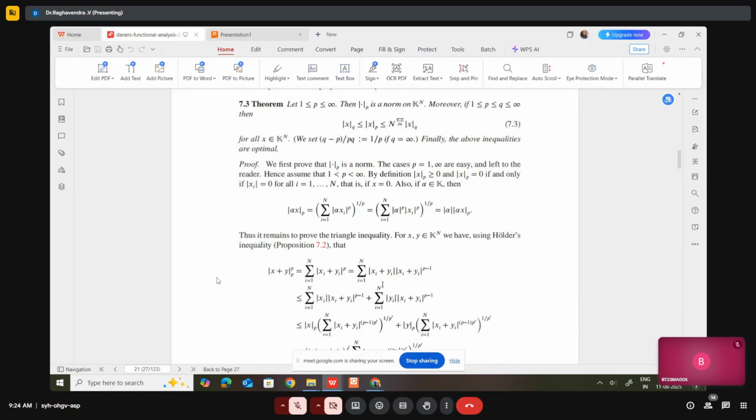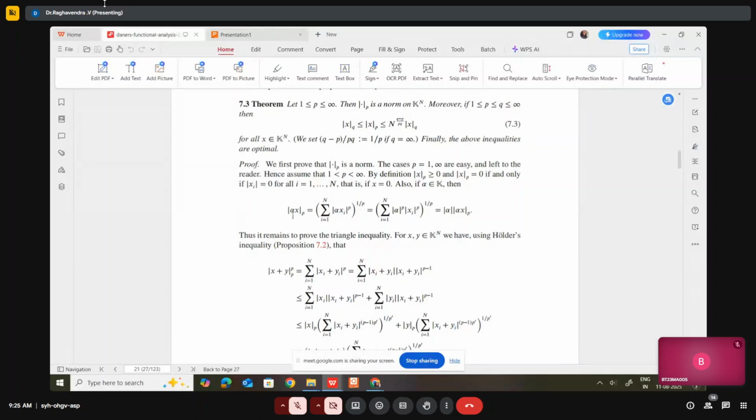So in order to show that it's a norm, what is it that we have to show? We have to show three things. One is the homogeneity, second is norm p of x equal to 0 if and only if x is 0, and the triangle inequality. So let us take alpha to be any element of the scalar field K and multiply alpha by x in the p norm. What is this scalar multiplication? It is pointwise multiplication.